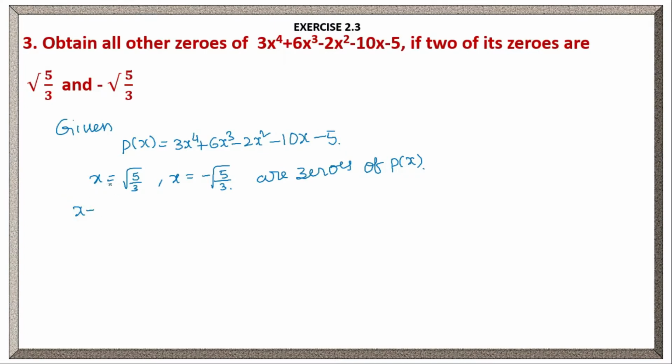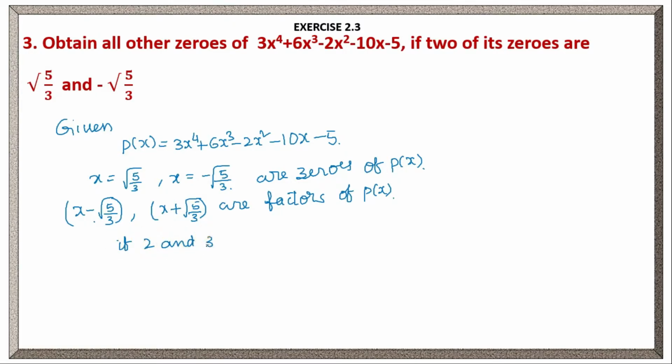If we bring this root 5 by 3 to this side, x minus root 5 by 3 and x plus root 5 by 3 are the factors of p of x. Clear?